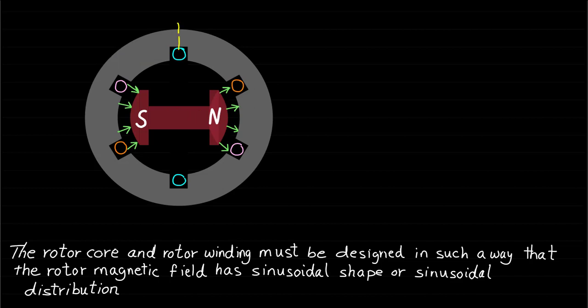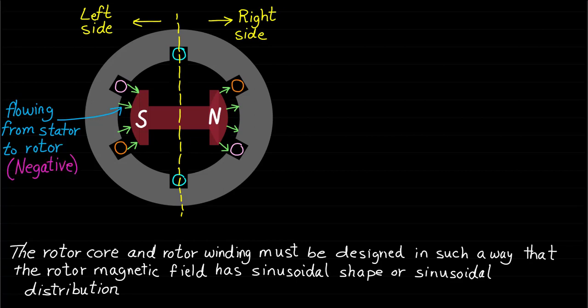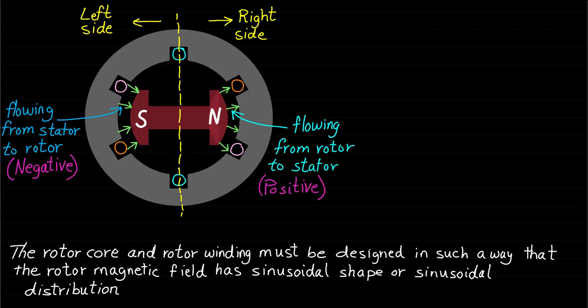Let's divide the machine into two sides: the left side facing the rotor south pole and the right side facing the rotor north pole. Also, let's assume that the rotor air gap magnetic field flowing from the stator to the rotor is negative and the rotor air gap magnetic field flowing from the rotor to the stator is positive.